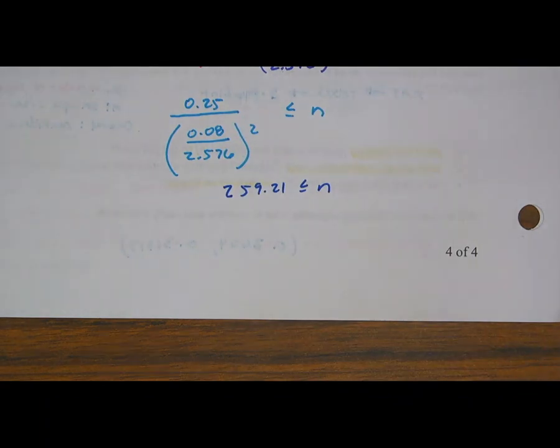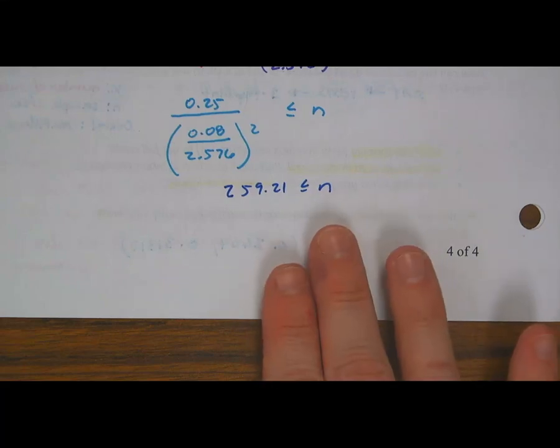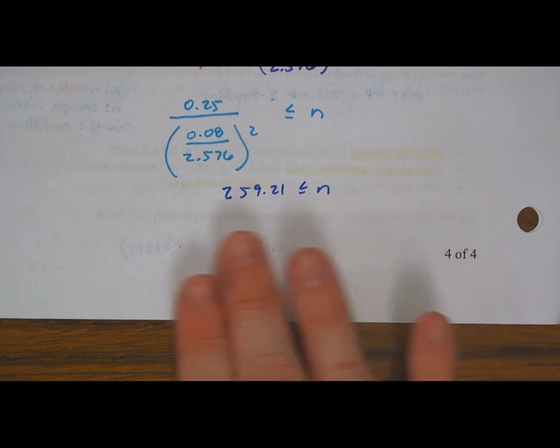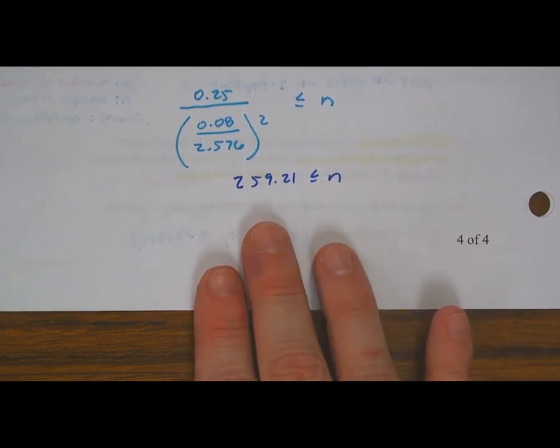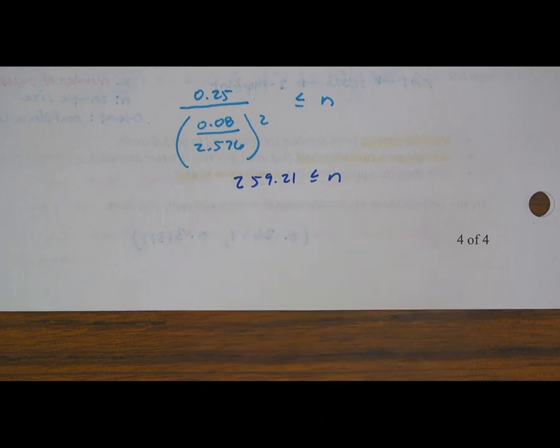Well, we're talking about people. So we're trying to figure out how many people need to be in my sample, and I want n to be greater than or equal to this number. So I'm going to word it like this. I need at least 260 people in my sample, because if I rounded down to 259, that wouldn't quite cut it.